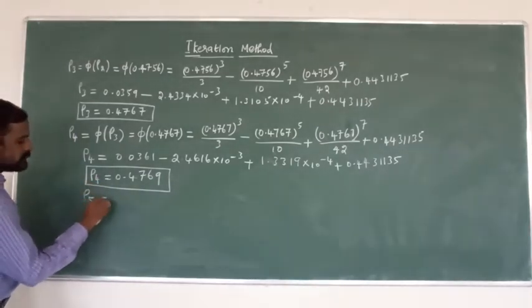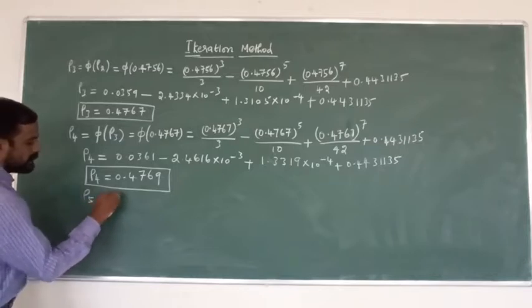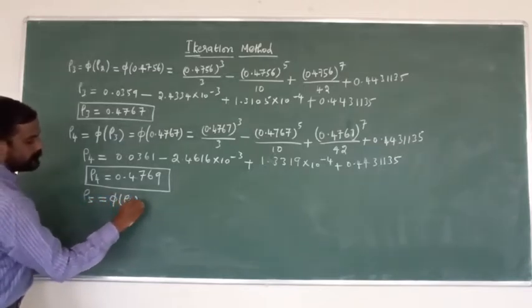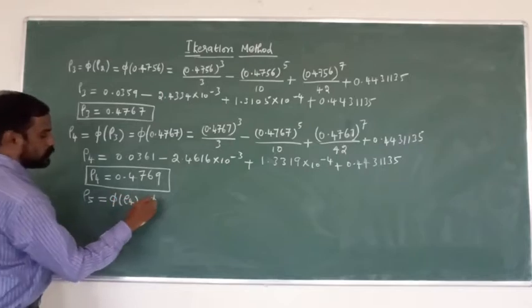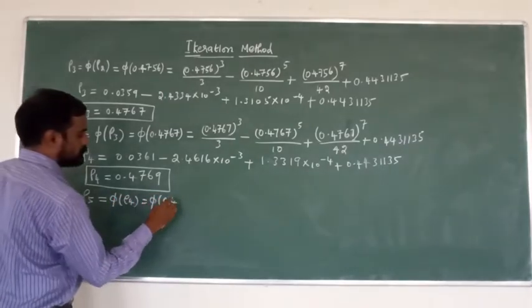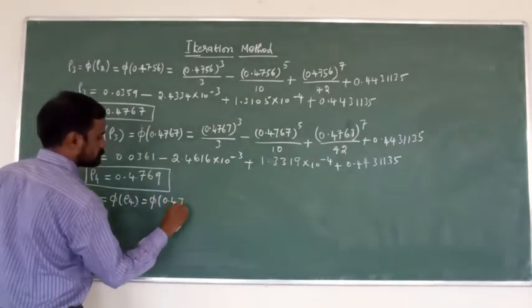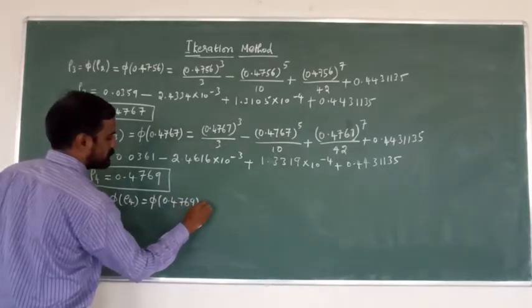Rho 5 equal to f of rho 4, equal to f of rho 4 value 0.4769.